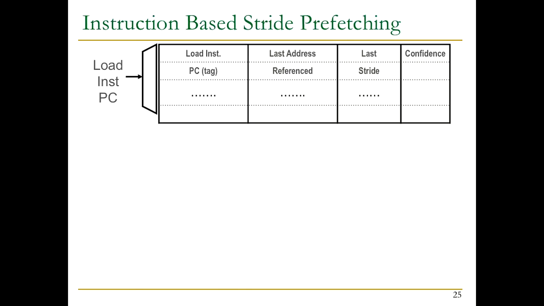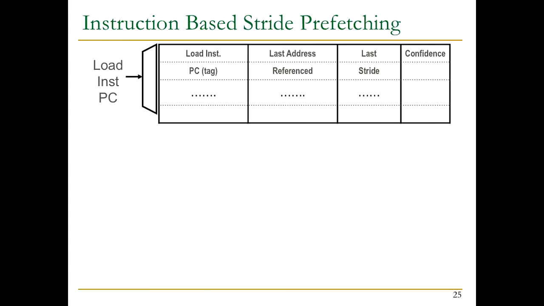You keep the last address that the load actually executed, the effective address, and you keep the last stride, and you may want to keep some confidence also, because the load may be doing address 8 plus 3, 8 plus 6, and then 8 plus 12, and then 8 plus 15. So there may be multiple strides, or there may not be a stride, but if you always look at the last stride, you may actually prefetch the wrong thing again, right? Okay? So there's a problem with this.